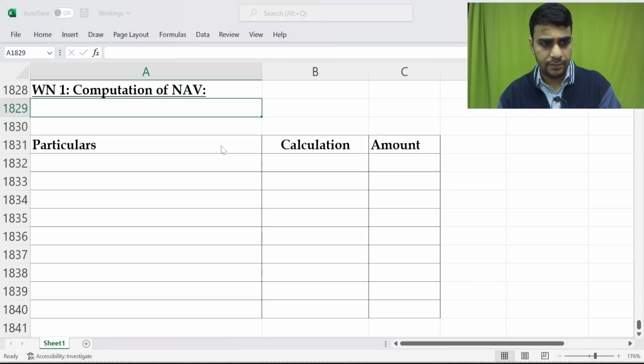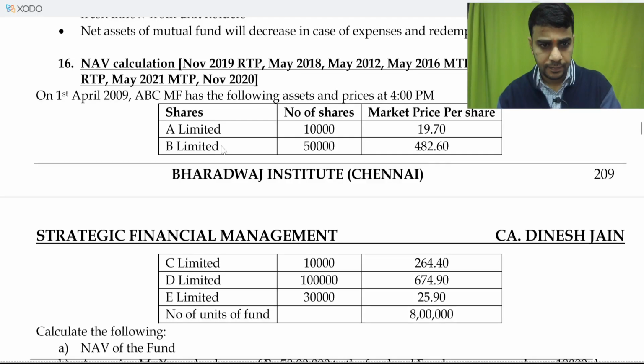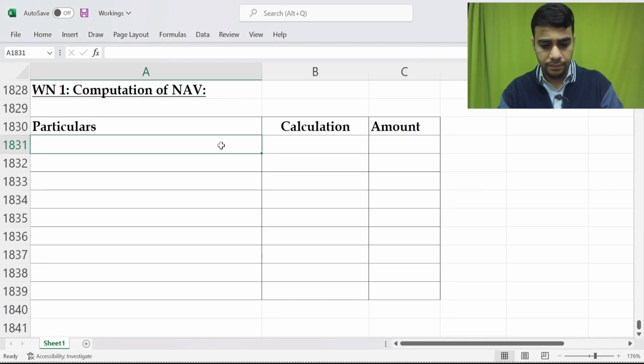Computation of NAV. Capital A, value of assets.